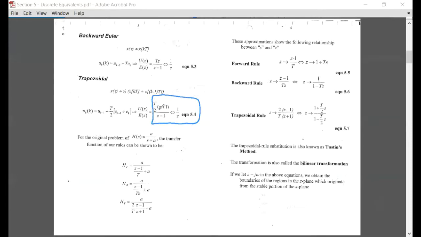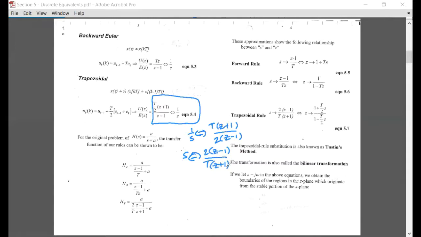So we can simplify this. 1 over s is equivalent to T over 2 times z plus 1 divided by z minus 1. So s will be equivalent to 2 over T times z minus 1 over z plus 1.